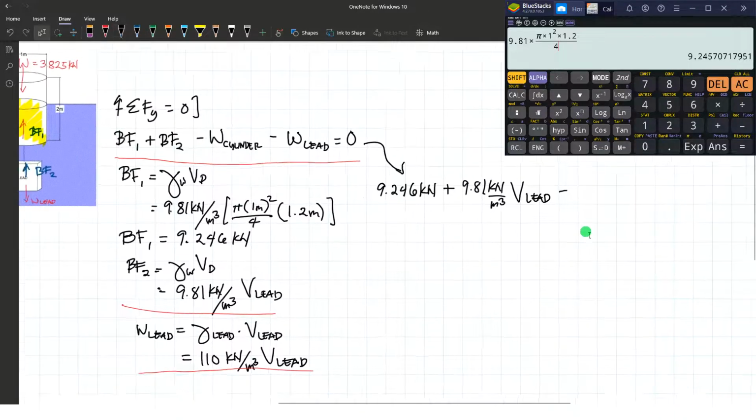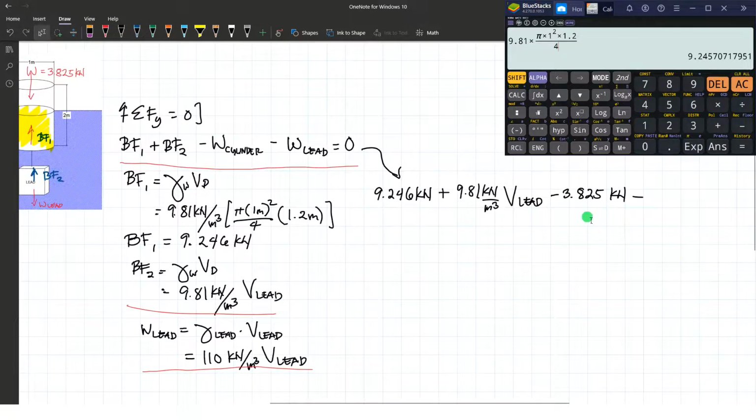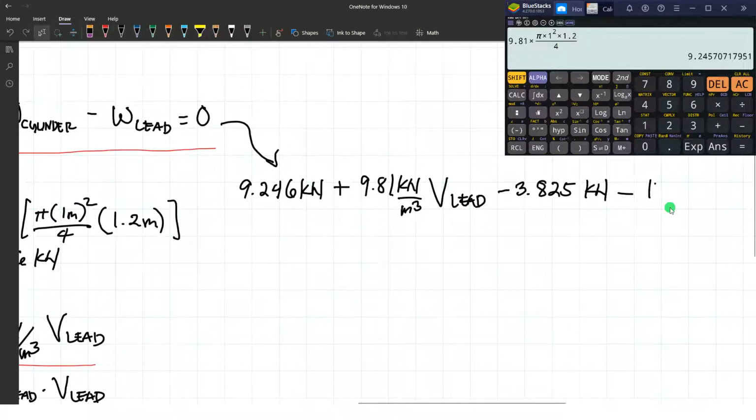Okay, weight of the cylinder is 3.825 kilonewtons. Then subtracted by the weight of the lead, which is 110 kilonewtons per cubic meter, multiplied by the volume of the lead.